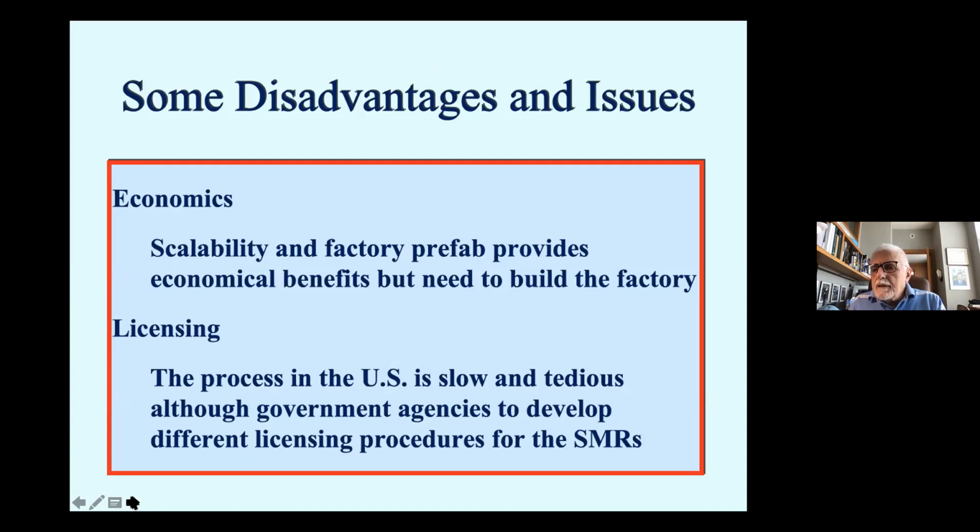But the problem is if you want to do this, then you have to build a factory and ideally an assembly line. And you can't do that unless you have a series of orders. The other thing is that the process in the US is slow and tedious, although it's getting better. And they are doing things particularly good for the small modular reactors and the micro reactors.